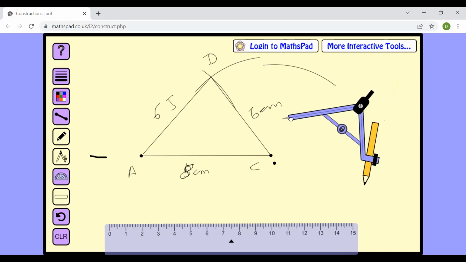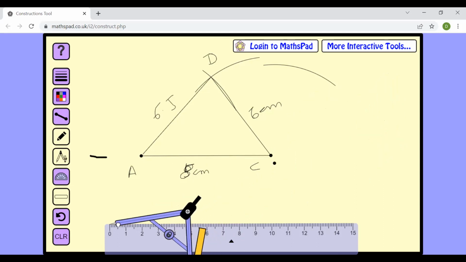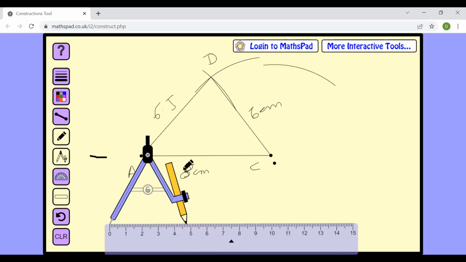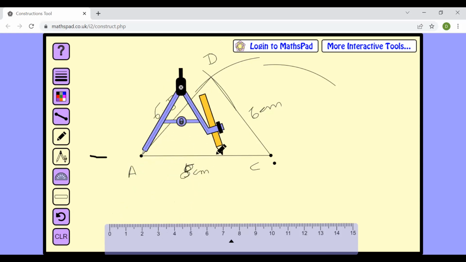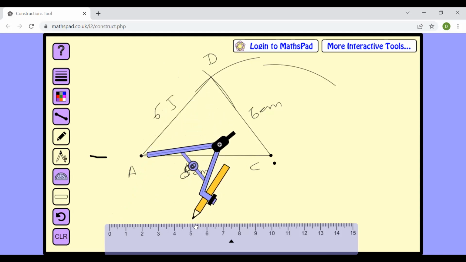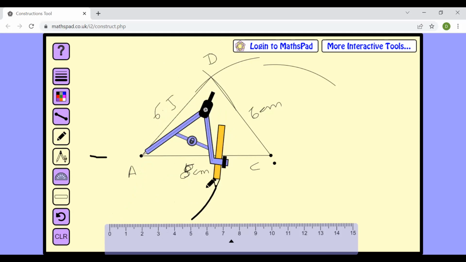Now keep the needle at A and draw an arc of 5 centimeter.